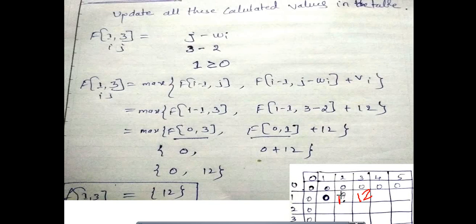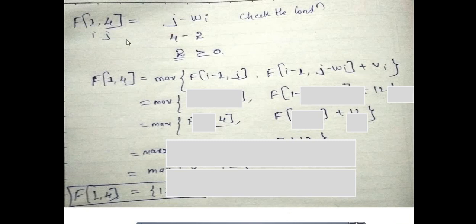This is also a previous value we have calculated. Now find the value for 1 comma 4. How to find 1 comma 4? Again check the condition, j minus wi, 4 minus 2, you will get the answer 2. 2 is greater than or equal to 0, so use this formula for 1 comma 4.